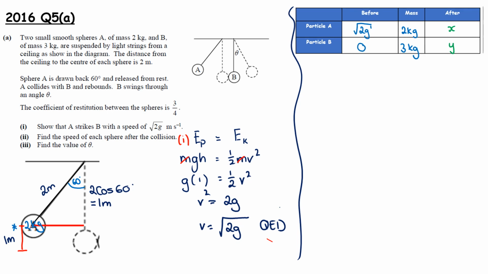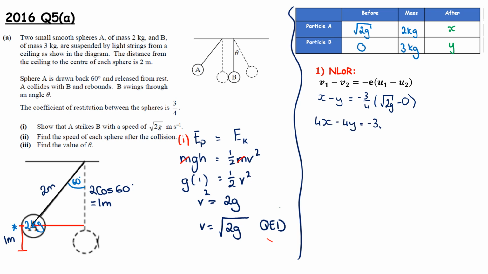So we're going to use Newton's law of restitution, and that is X minus Y is equal to minus 3/4 root 2g minus 0. So that gives us 4x minus 4y is equal to minus 3 root 2g, and that is equation 1.